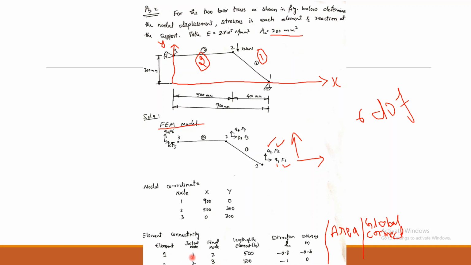And global connectivity. What is global connectivity? We start from node 1 to 2, so the global connectivity starts from node 1 to 2. That is Q1, Q2, Q3, Q4.